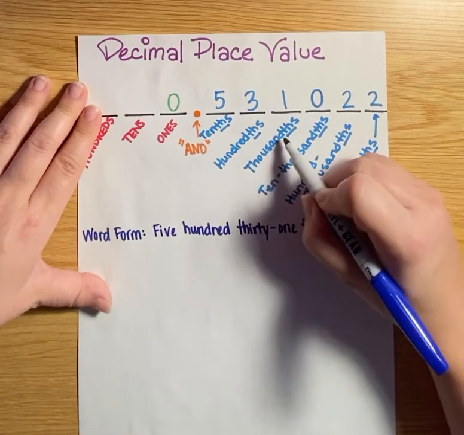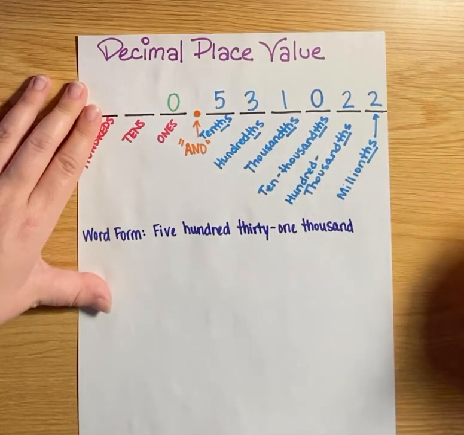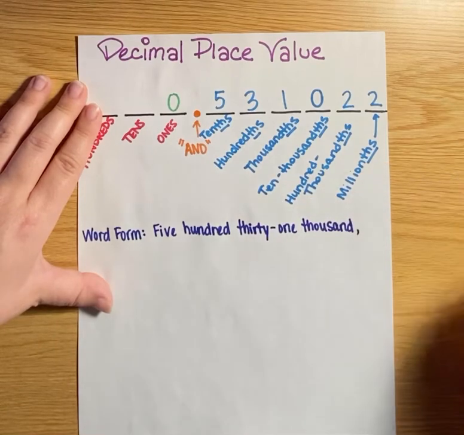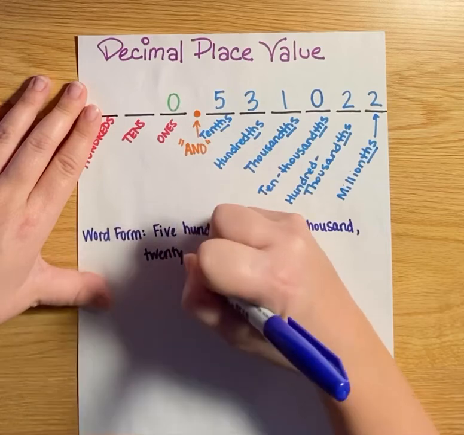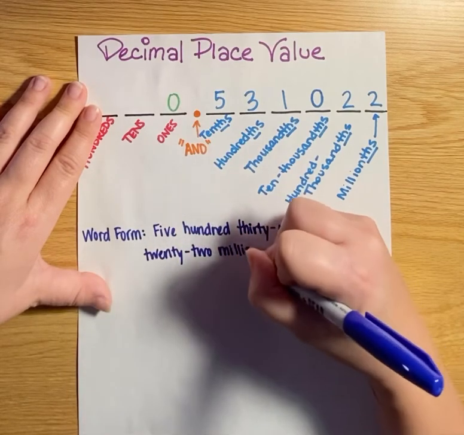Just like I have 1,000 here, we still are going to put that 1,000 label in our decimal. 531,022 millionths.